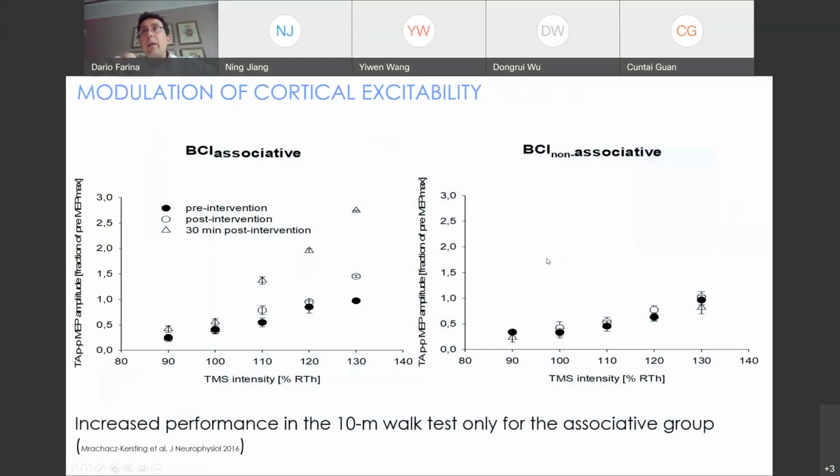And the patients that went on the non-associative BCI, where the stimulus is not exactly timed with the peak negativity, didn't have any effect.